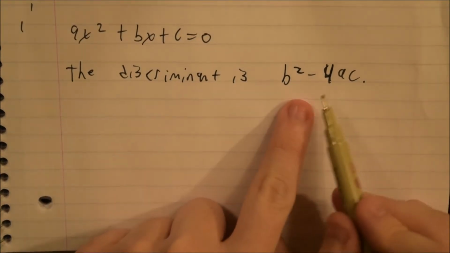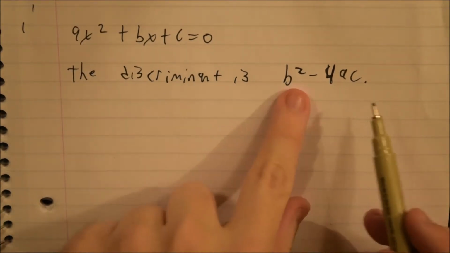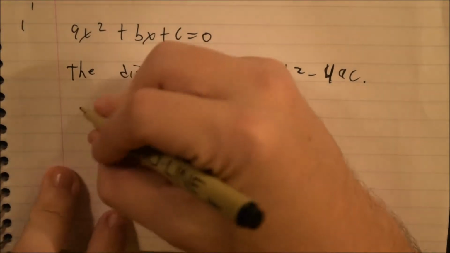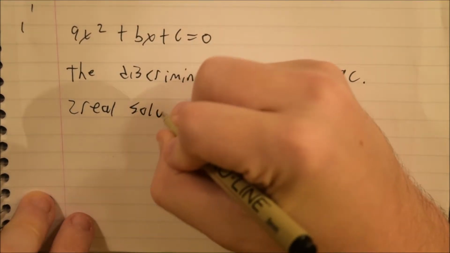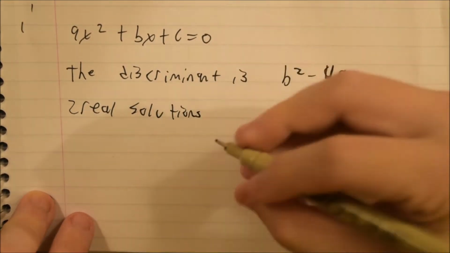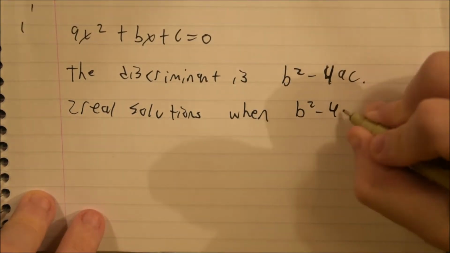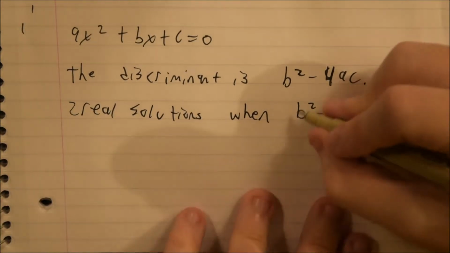Depending on what your a, b, and c values are, this is going to change. In this video, we're looking at a quadratic equation with two real solutions, and that happens when b squared minus 4ac is greater than 0.